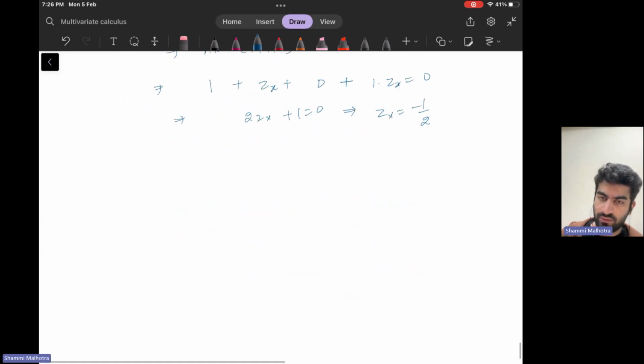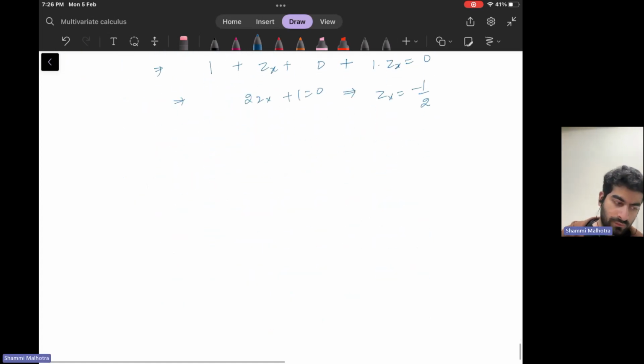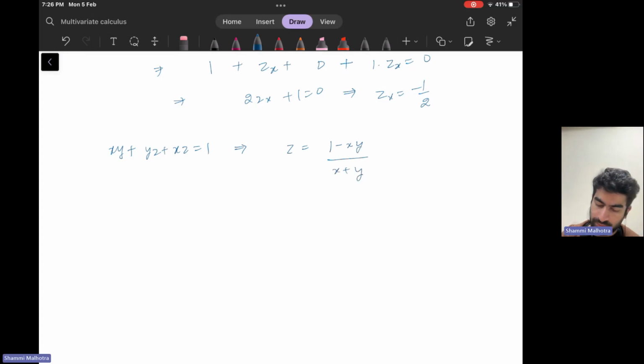We can say that this value is correct if we also see that since the expression is given as xy plus yz plus xz equal to 1, z can be written as 1 minus xy whole divided by x plus y. Okay, I'm taking xy to the right hand side and then taking z common and dividing by y plus x.